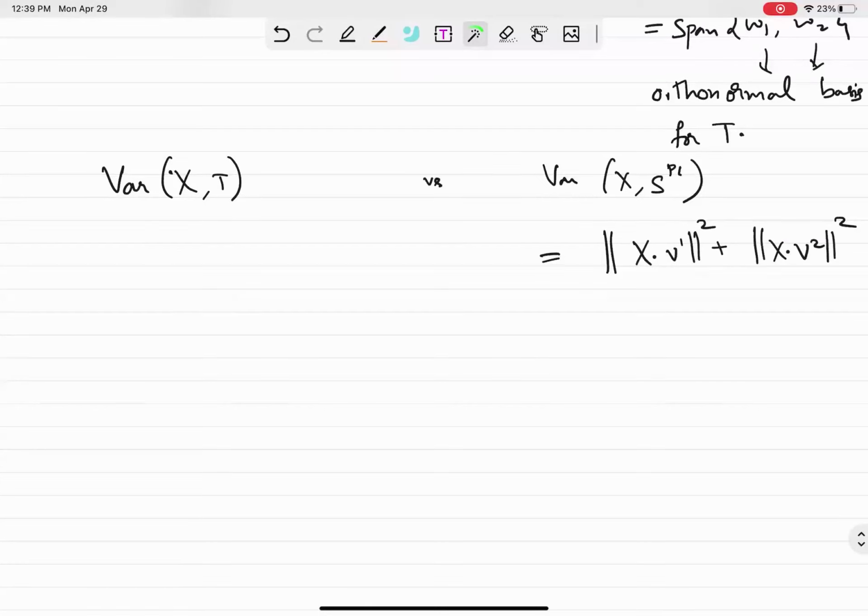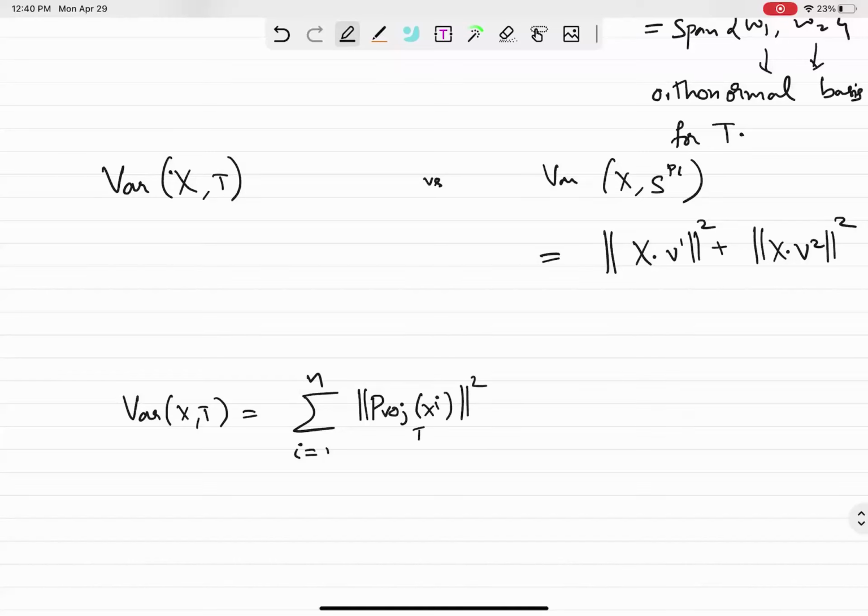The same thing, right? I can still say that the variance of x comma t is the summation, looking at all of the points, of the projections of xi onto t squared, which we know is just... right?